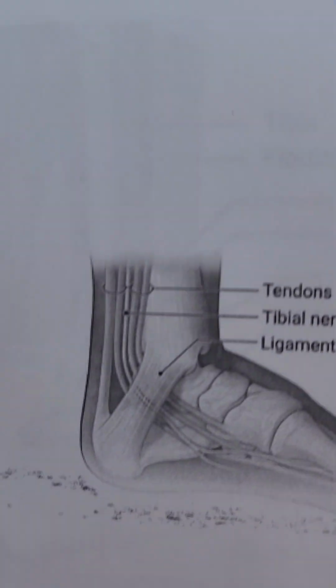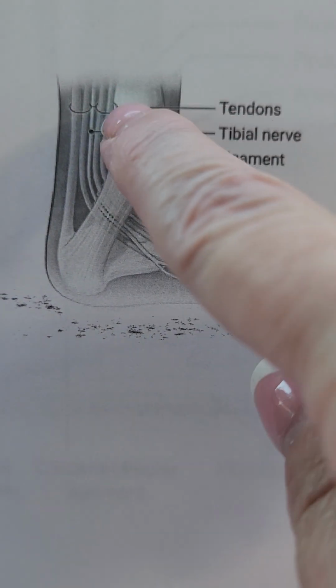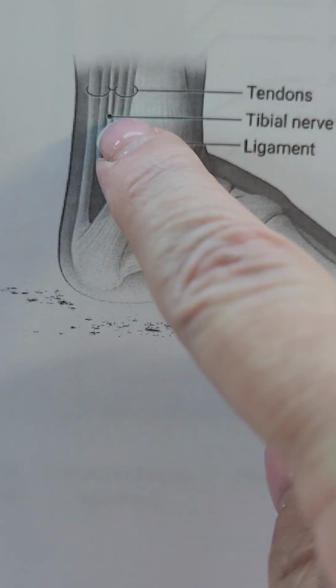surgery looks like. Remember, I've talked about tendons and ligaments. Let me show you what the ligaments and tendons look like. This will also help you get a better feel for what goes on in the ankle. So we have tendons, the tibial nerve.